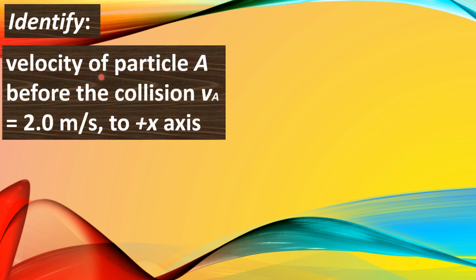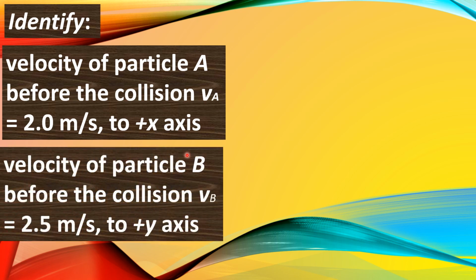First thing first, let us identify the given data. We have the velocity of particle A before the collision, v sub A equals 2.0 meters per second, directed to the positive x-axis.